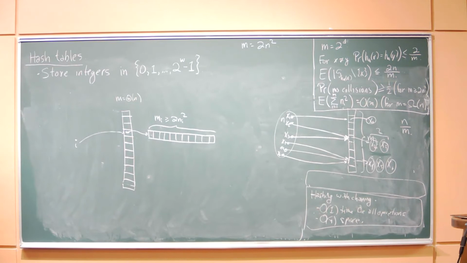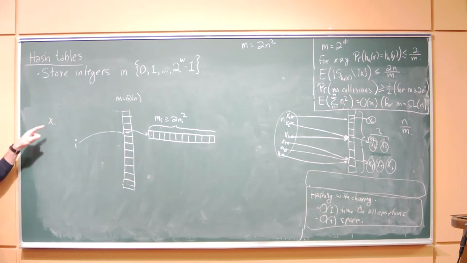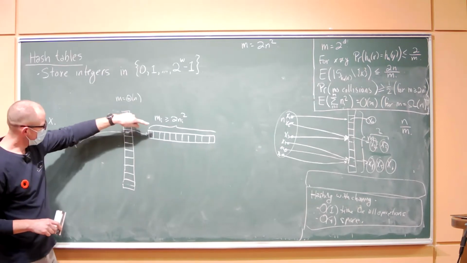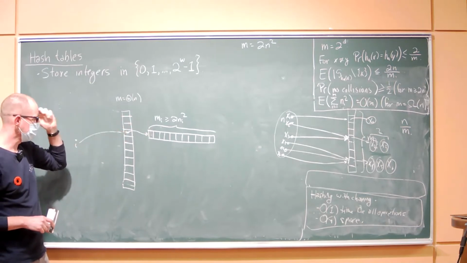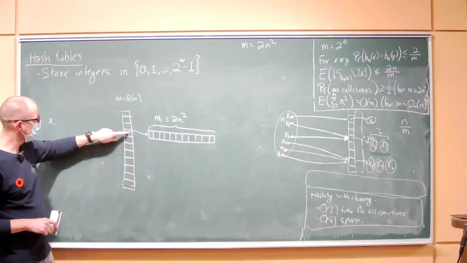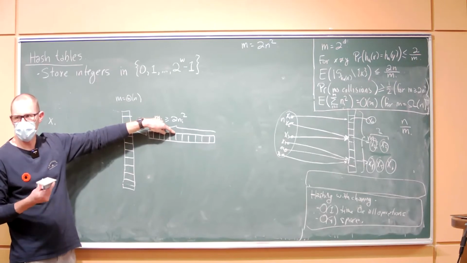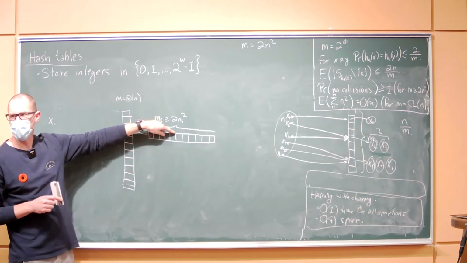Okay. So when I go searching for x, I hash it into some location in here. And then I have a table that stores all of the things that have the same hash value as x, including x, but it's storing them perfectly. So now I hash x into this table, and either I see x there, in which case I'm happy, or I don't see x there, in which case I know x is not in the set.